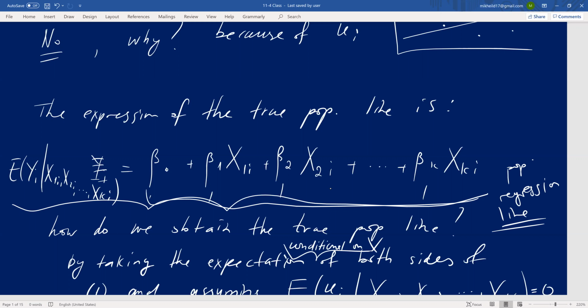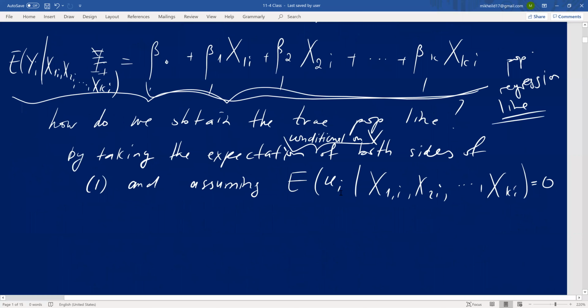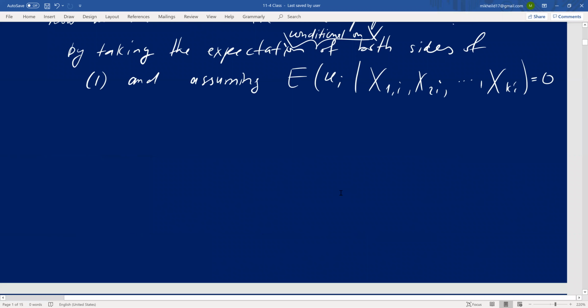Guys, am I clear? Yes. So that's what we call the population regression line. But do we know the population regression line? We don't know, right?